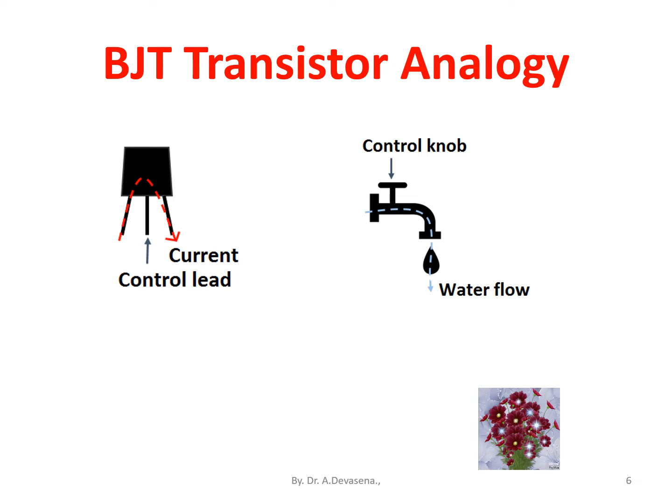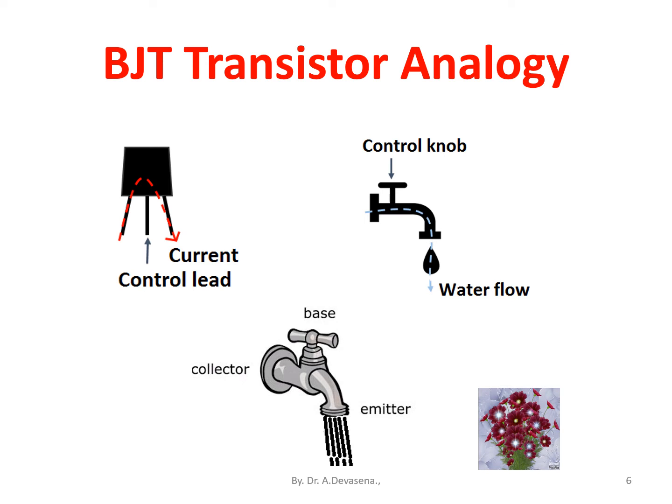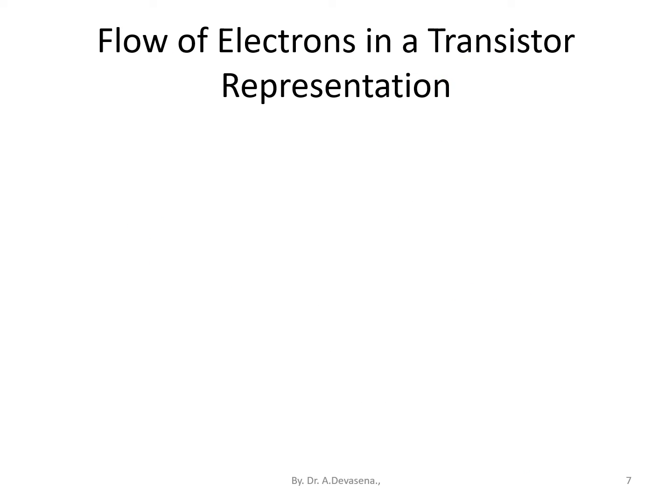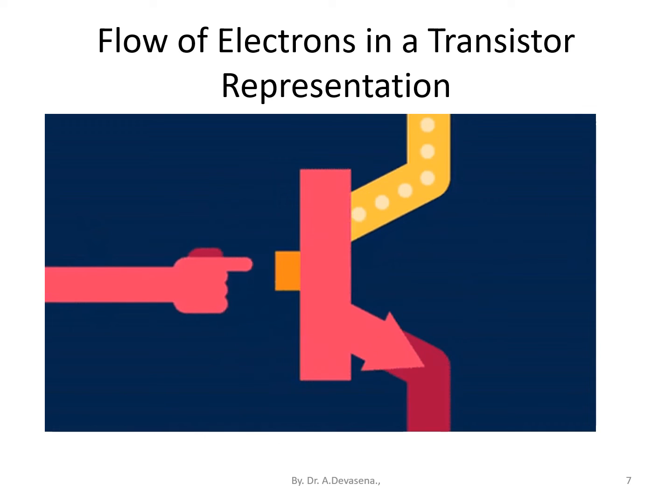At the other end, with the help of the knob adjustment, the flow of water in the tap is controlled. So, the control knob is analogous to the base, the flow of water is analogous to the emitter, and the water that is available at one end of the tap is represented as the collector. Flow of electrons in a transistor representation is shown here.